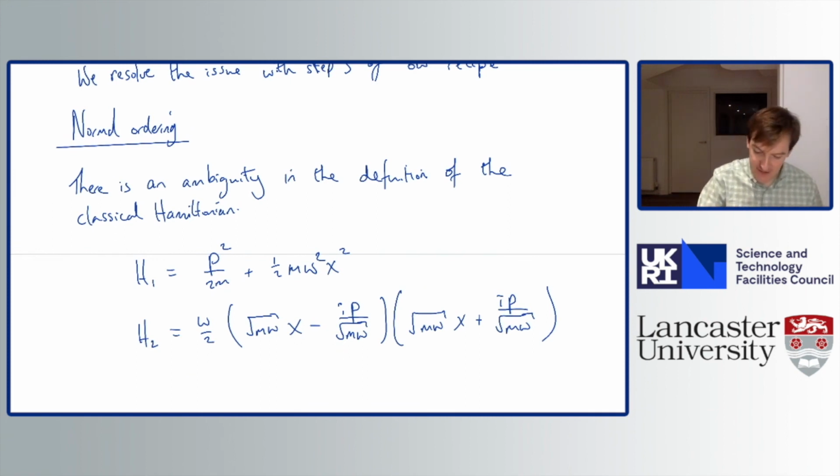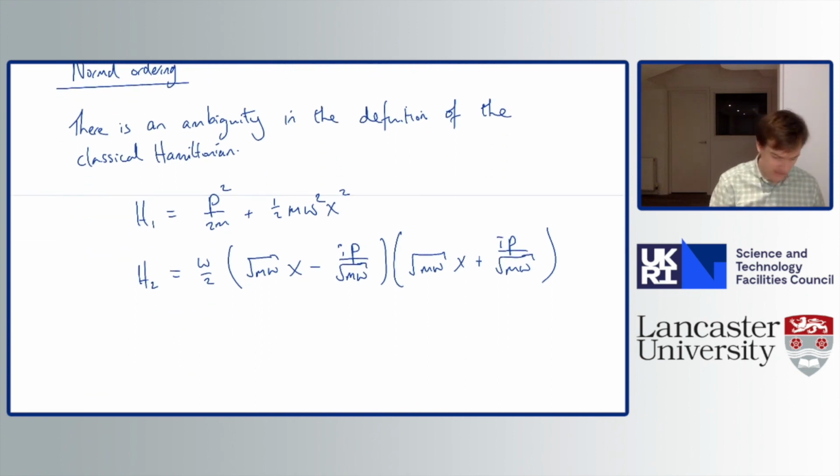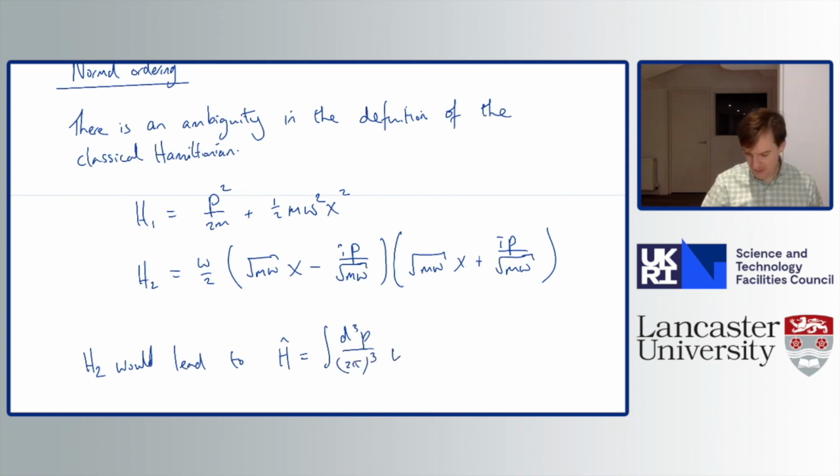If I quantize this H_2 theory, this would lead to a Hamiltonian that does not have a zero-point energy. This would just lead to the following form: ω_p times a_p† a_p.